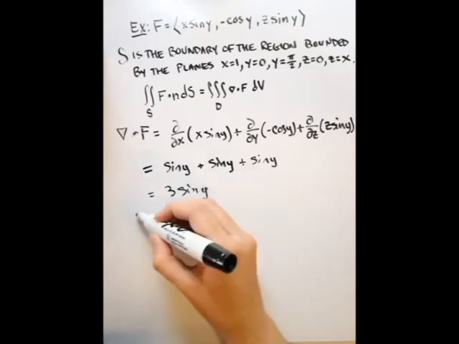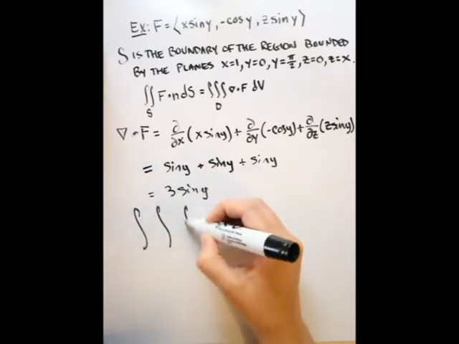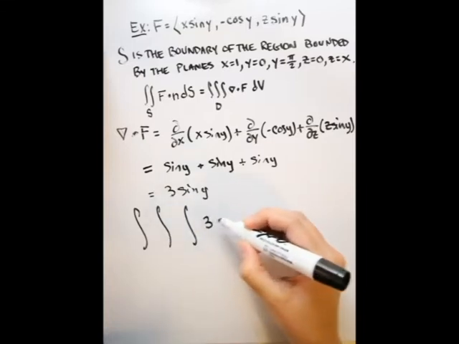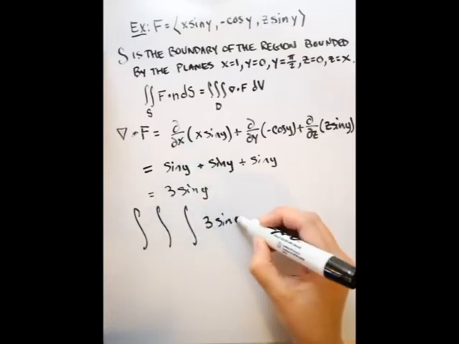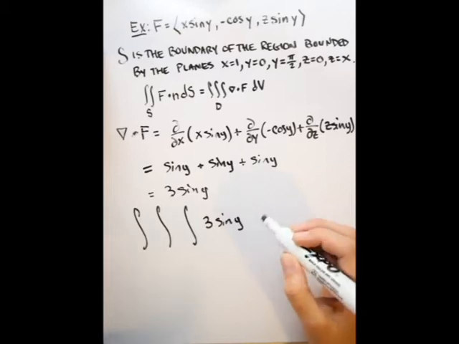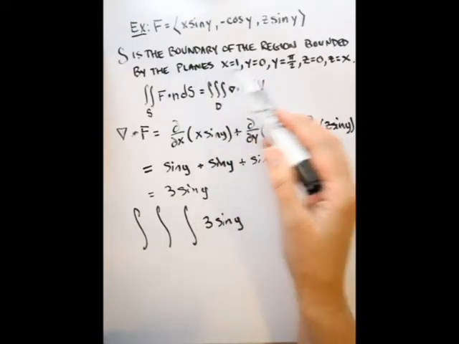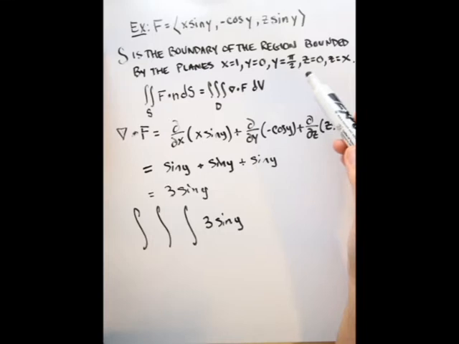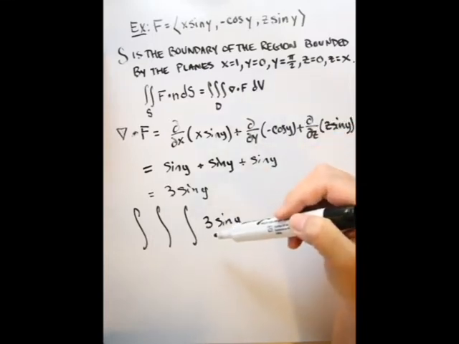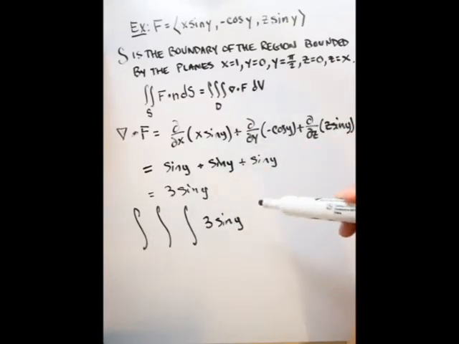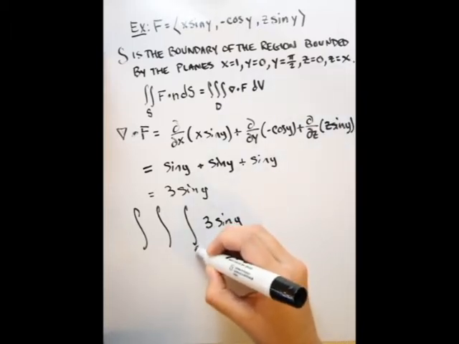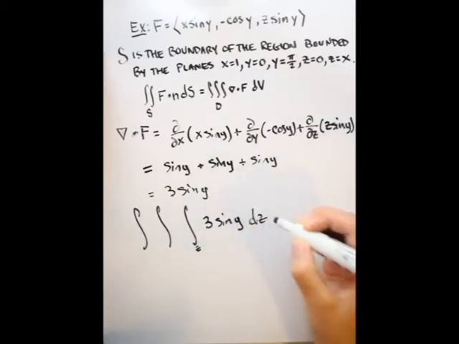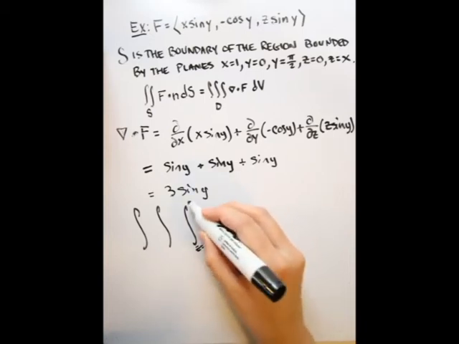Okay, so plugging this into our triple integral, and we're going to put our limits of integration next, we have 3 sine y. Now we have our region bounded by these planes, and so what we can do with our triple integral is just integrate with respect to x, y, and z in the best order possible. Because z is a function of x, we're going to integrate with respect to z first, so dz here, where z ranges from 0 to x.